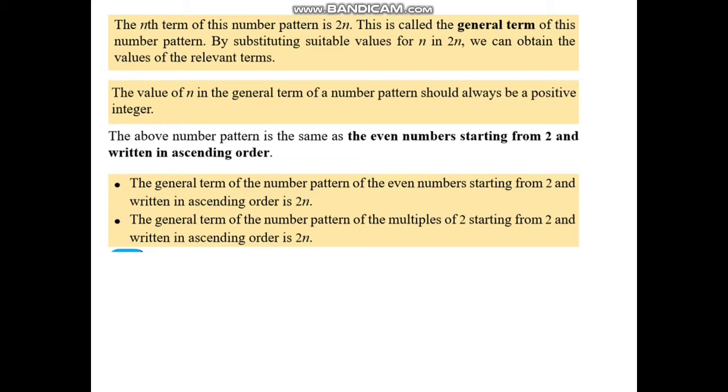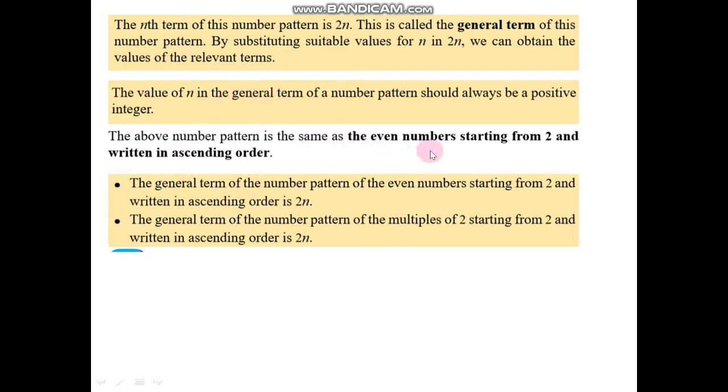By substituting suitable values for n in 2n, we can obtain the values of the relevant terms. The value of n in the general term of a number pattern should always be a positive integer. Keep that in mind, okay? Always n is a positive integer. The above number pattern is the same as the even numbers starting from 2 and written in ascending order.